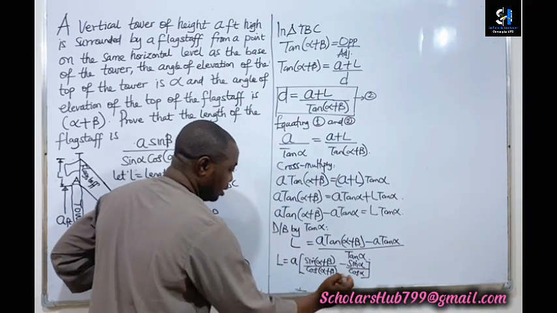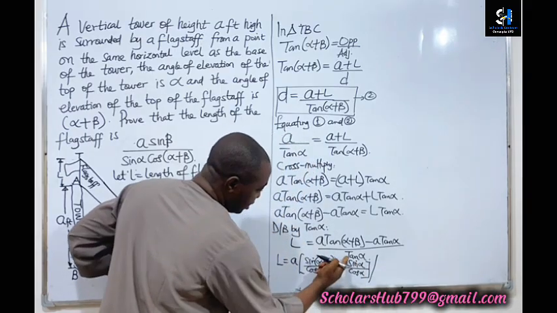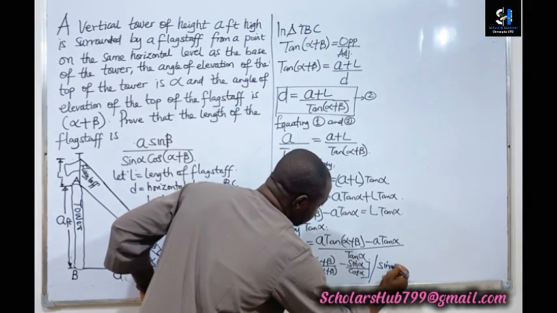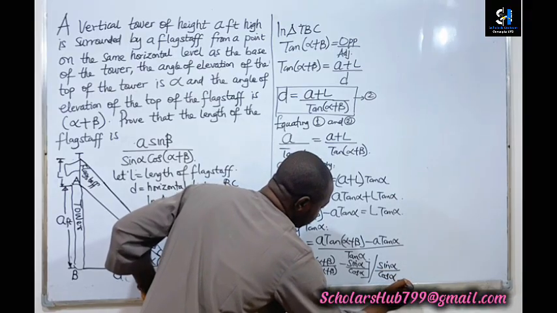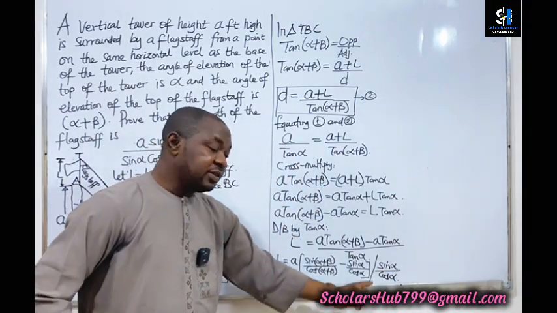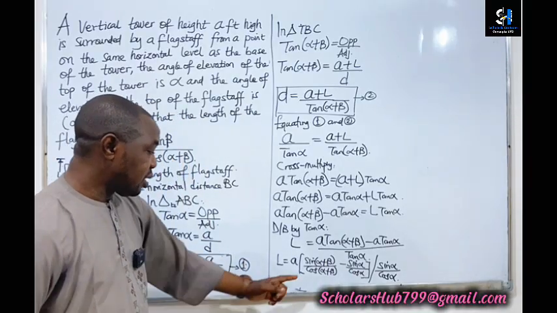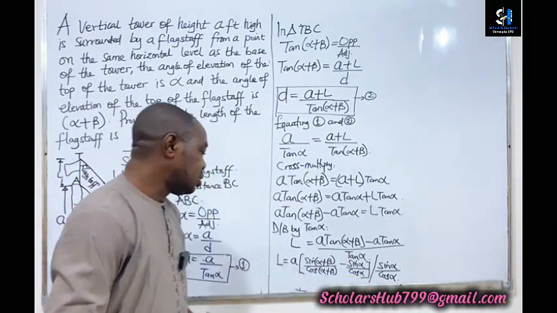Then we divide it by tan alpha, which is the same thing as sine alpha over cos alpha. I use the slash to represent the division bar, so this is the numerator and that's the denominator.